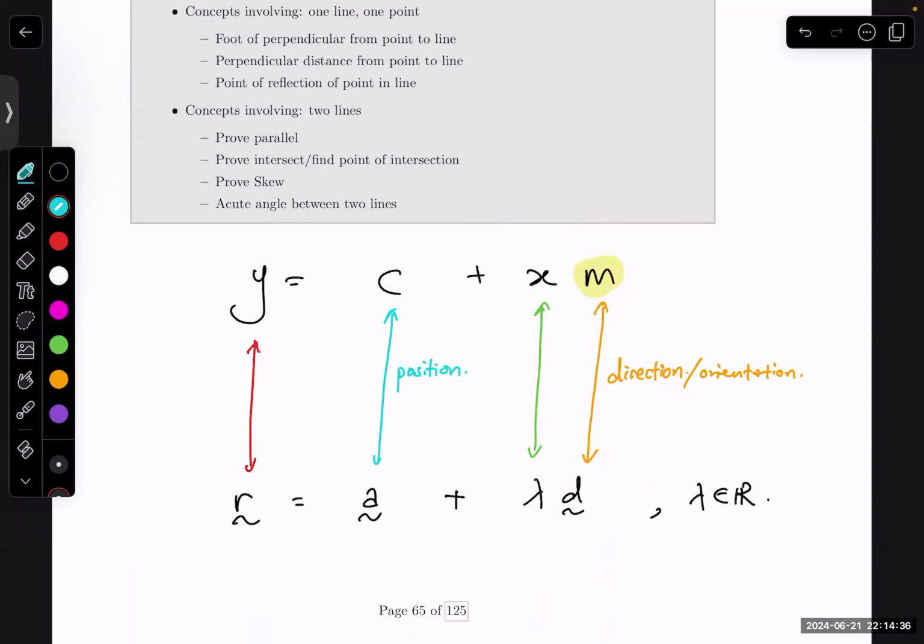So we have two pieces of information that describe a line. First is the direction or the orientation, the gradient. We won't call it gradient here because it's not helpful for the 3D case, so we'll just call it direction or orientation.